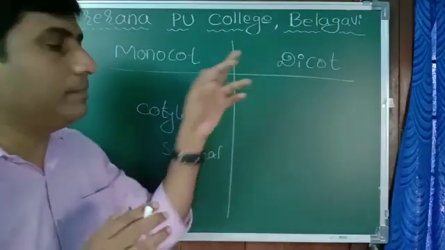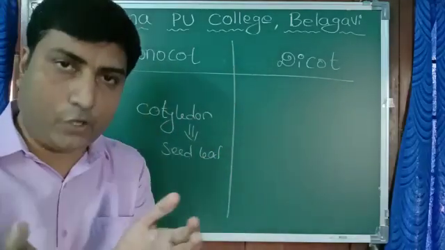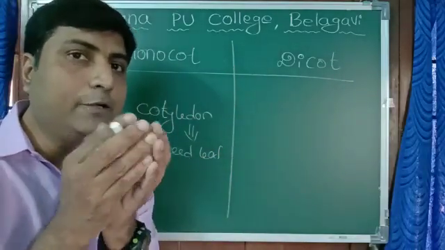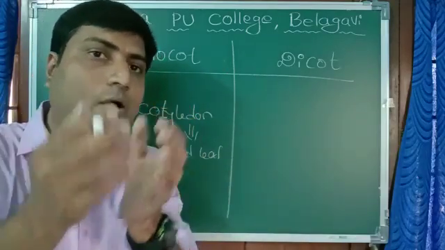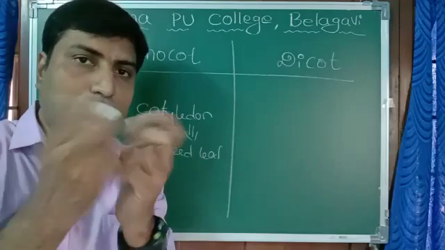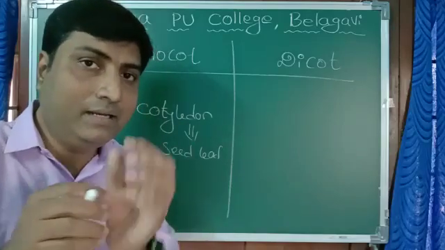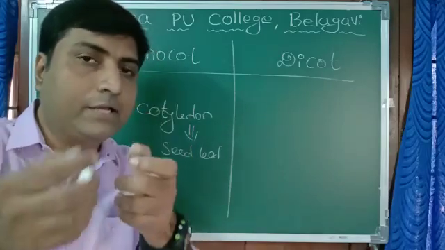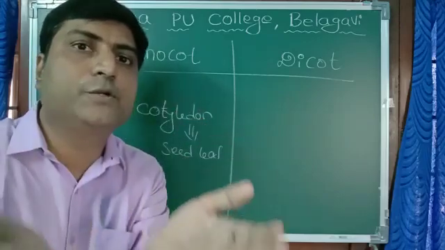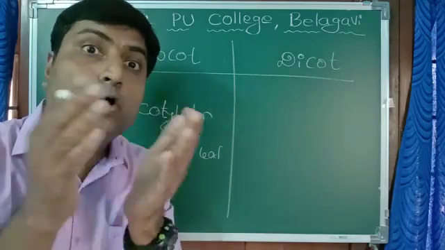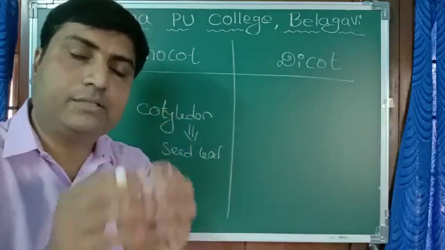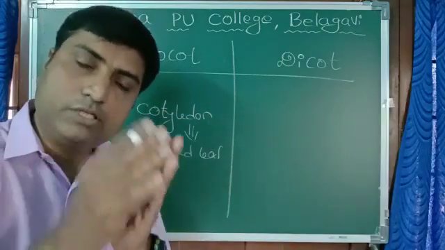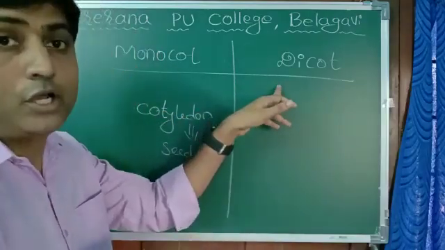In the case of dicot, there are two cotyledons. You can split the seed into two. The best example is groundnut. You take a groundnut, open up the shell, and inside, what we eat, you just press it, and it splits into two. That means two cotyledons are present. Pea, garden pea, you just split in two. Pulses split into two. Dicot.